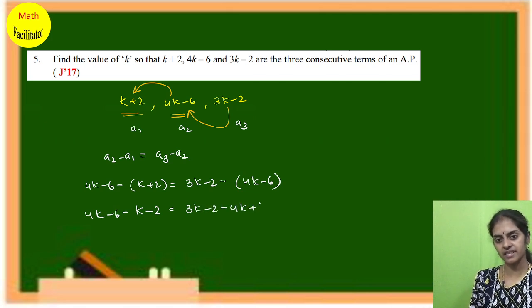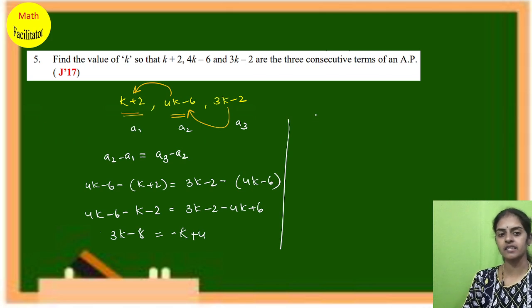Just open the brackets. So 4k minus k is 3k, minus 6 minus 2 is minus 8, equals 4k minus 3k minus 4k is minus k, and minus 2 plus 6 is plus 4.